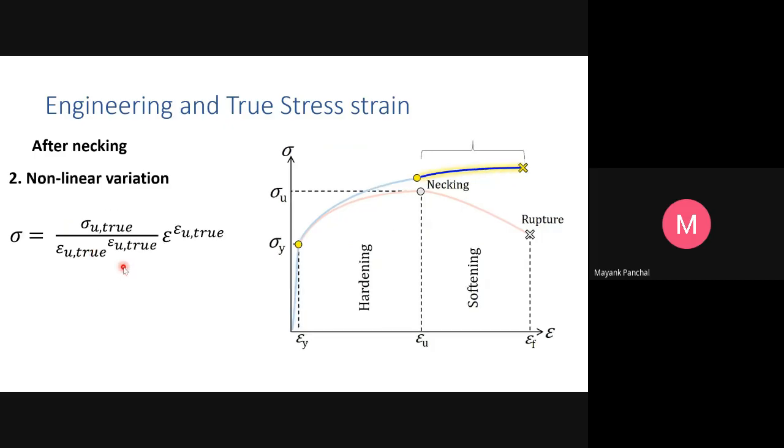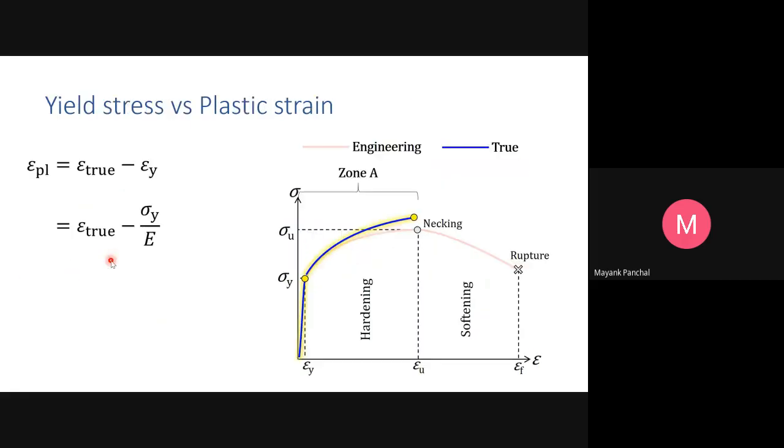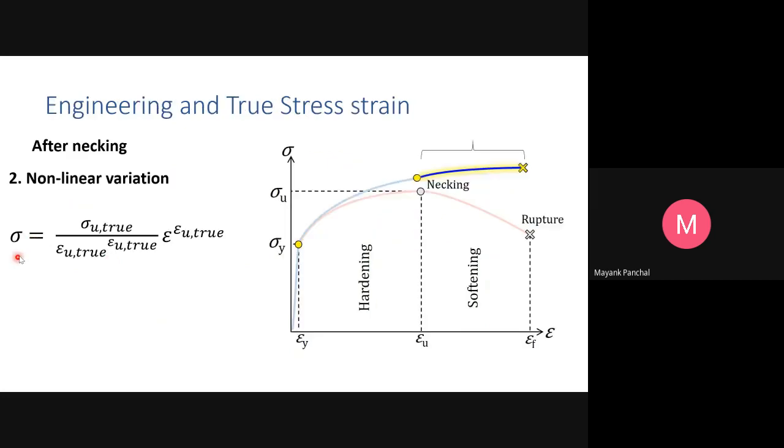This is very simple. Following that, there is one more non-linear relation that you can use also. It says how sigma varies with true strain from necking to rupture: sigma equals the necking true stress divided by the necking true strain raised to the necking true strain, multiplied by epsilon raised to the necking true strain, where epsilon goes from necking to rupture.